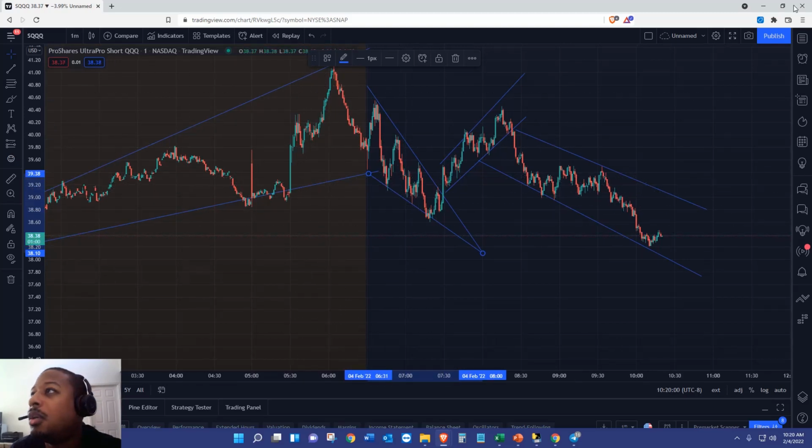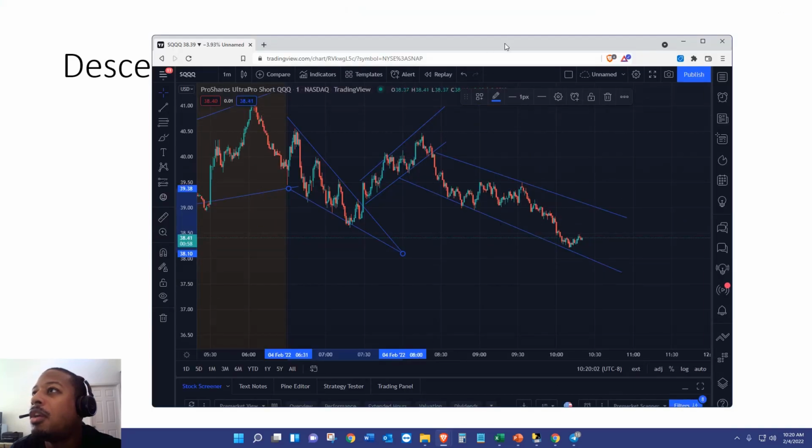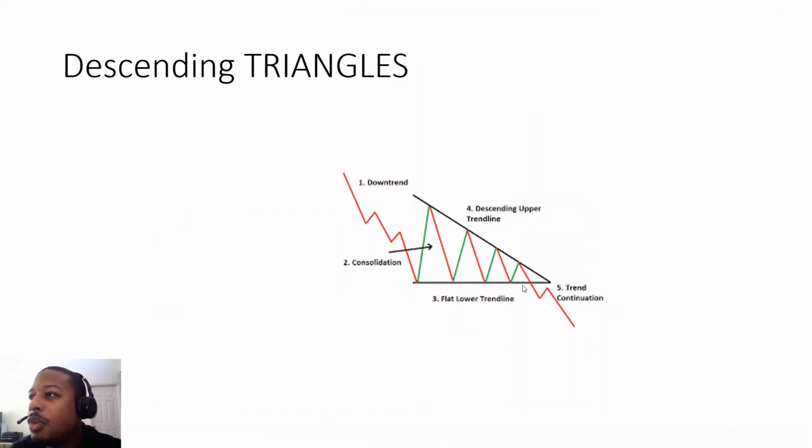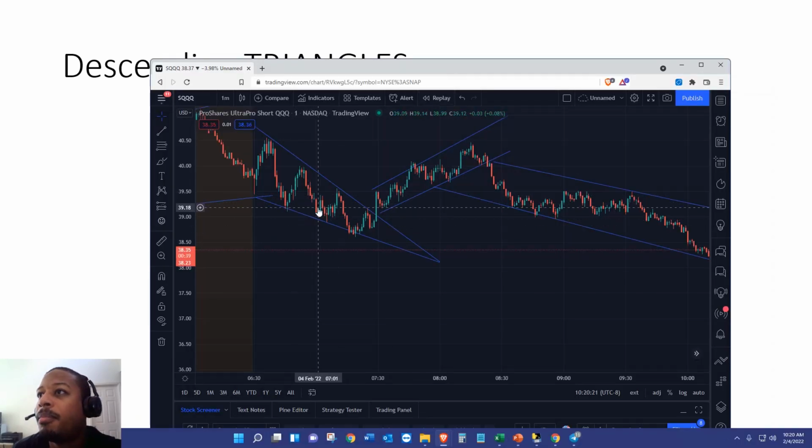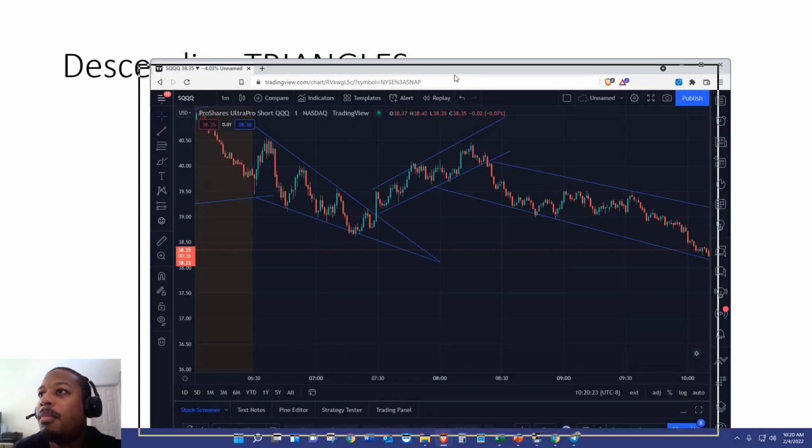And as you can see here, you want to look for that if you're a breakout trader. If you're not a breakout trader, or if you're a trend trader, then you would do whatever fits your strategy. Okay, but that's typically what a descending triangle would look like and how to draw it. Pretty easy.